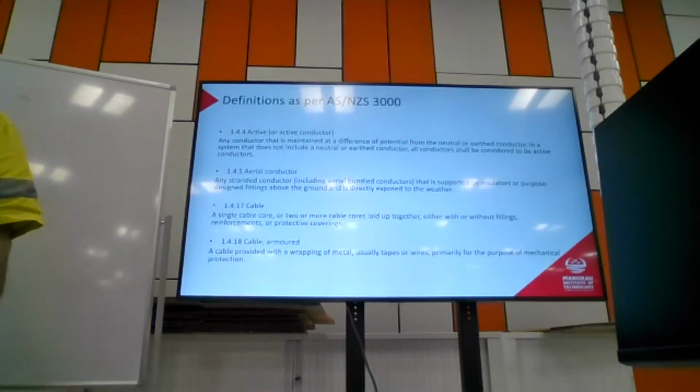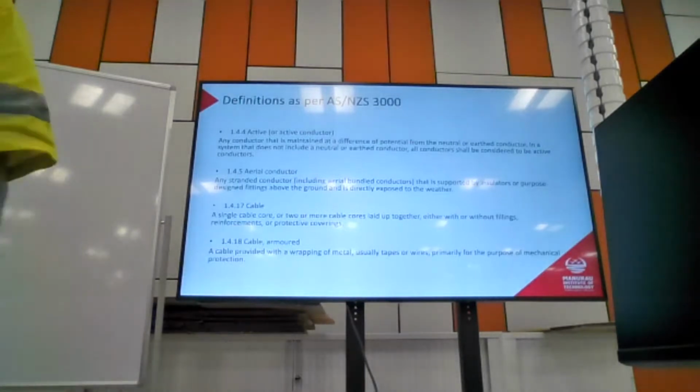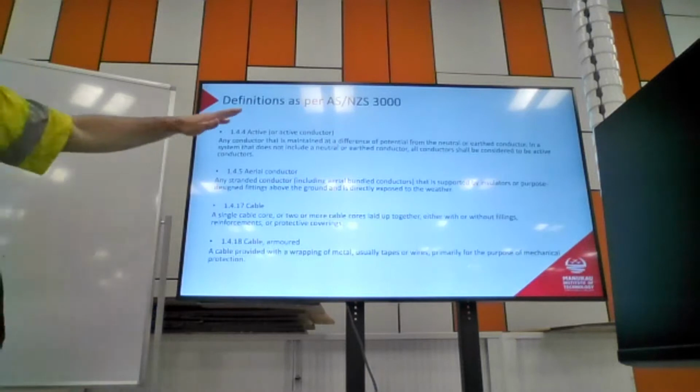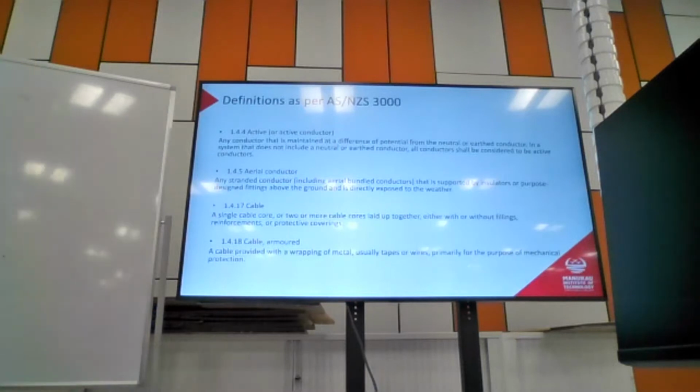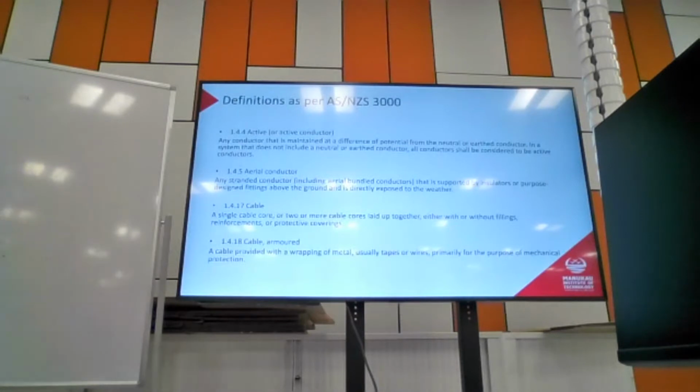Starts with V. Voltage. Potential difference is another way of saying voltage. So we're saying it's a conductor that is a different voltage from neutral or earth. What's the voltage on neutral or earth? Zero. Good, thank you.